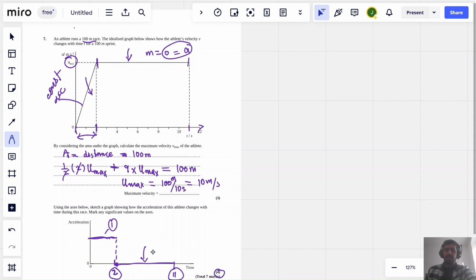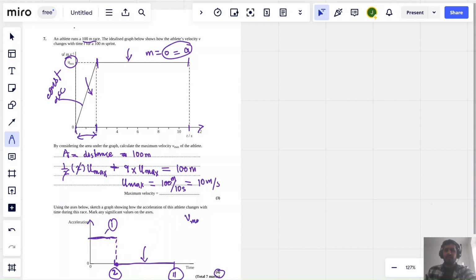So you must at least give some other information, because they have mentioned it here, that mark any significant values on the x-axis. You have given some values for the x-axis, but we haven't mentioned anything on the y-axis, right? So can we figure out something for the y-axis? We can actually. We can write the maximum velocity divided by time.